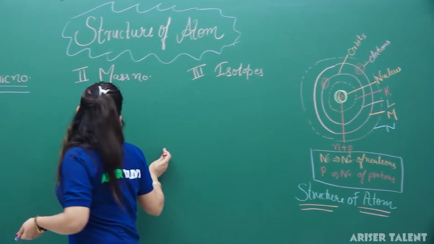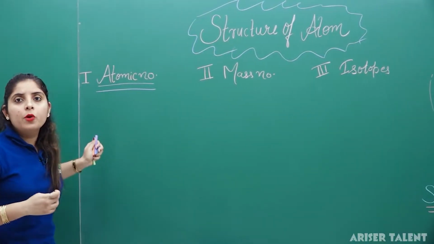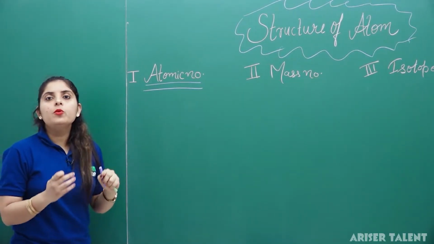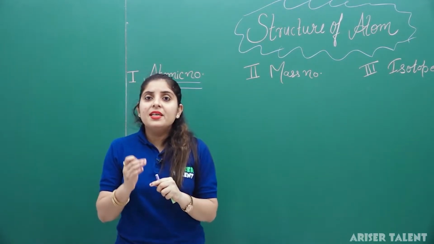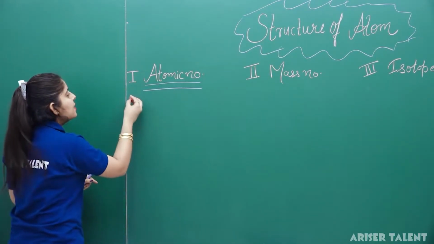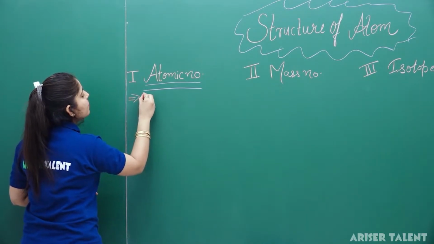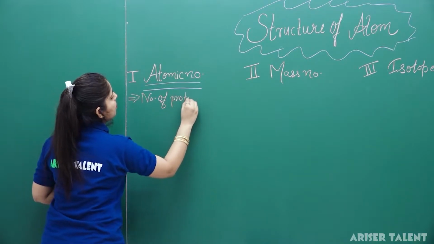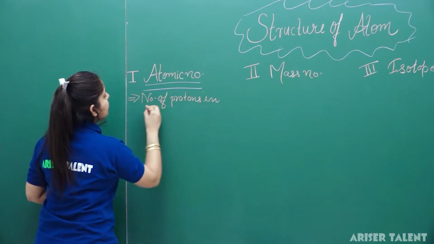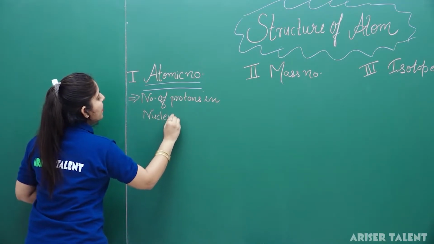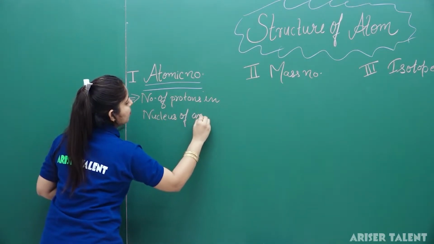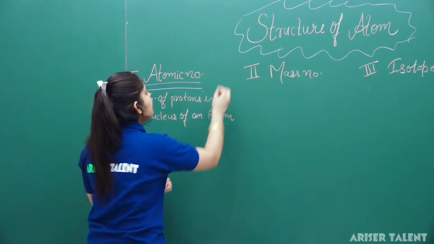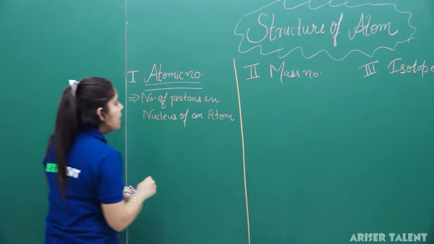Now, we go back to the terms we are going to discuss in this chapter. Our first term is atomic number. As I told you earlier, the atomic number is the number of protons present in the nucleus of an atom.